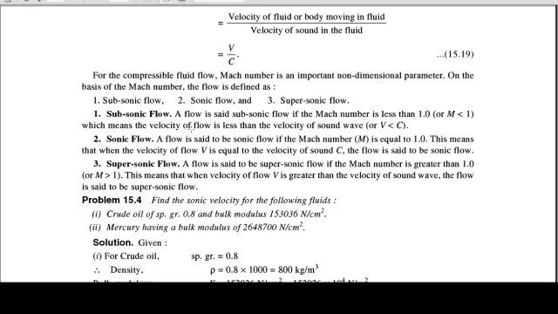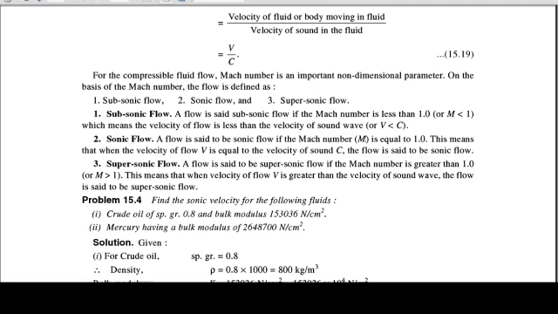Subsonic flow means a flow is said to be subsonic if the Mach number is less than 1. When the value of the Mach number is less than 1, or the velocity of the flow is less than the velocity of the sound wave, then we call it a subsonic flow.